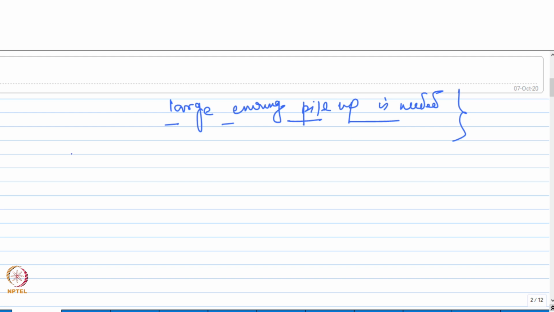And the other problem is, here we have talked about grain boundaries as obstacle to dislocation motion, but grain boundaries can also act as dislocation source.